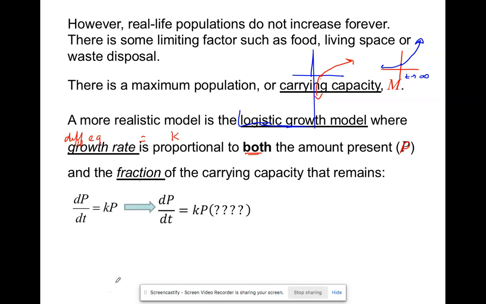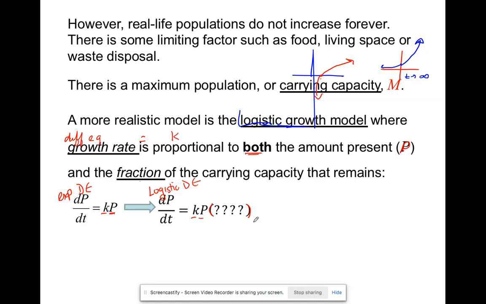So look at this equation. How do I go from the exponential differential equation to the logistic differential equation? Both of them have k multiplied times the population. But in addition, the logistic differential equation has a multiplier that describes what's happening to the carrying capacity.